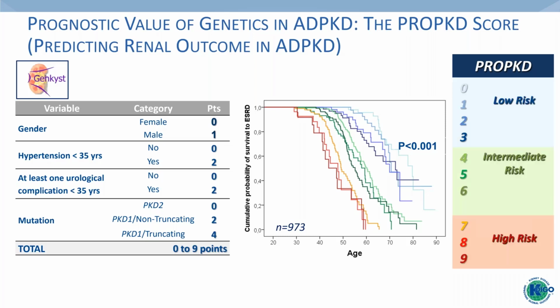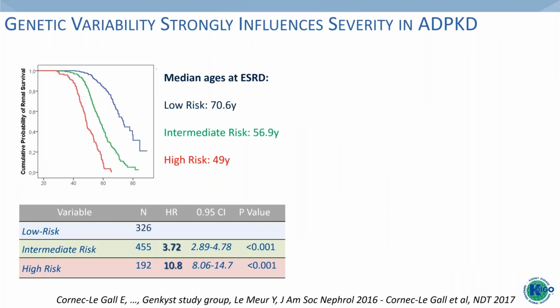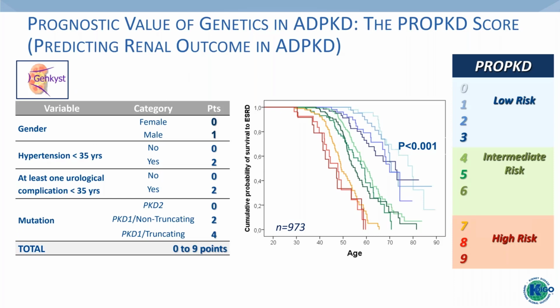And so we have defined 3 risk categories, low, intermediate, and high risk, depending on the PROPKD score. And you can see that there are quite different renal outcomes as reflected by these renal survival curves, by the median age at onset of ESKD and the hazard ratio associated.